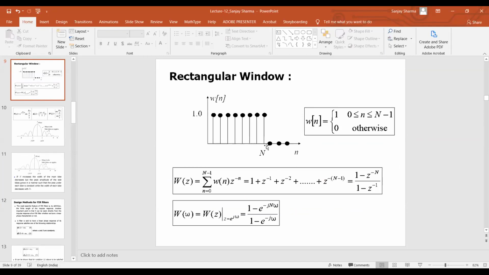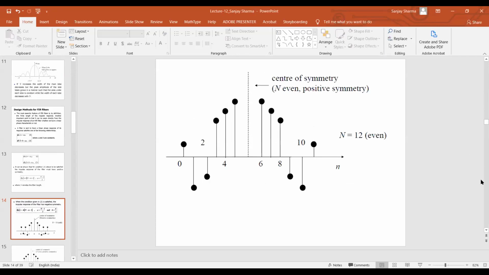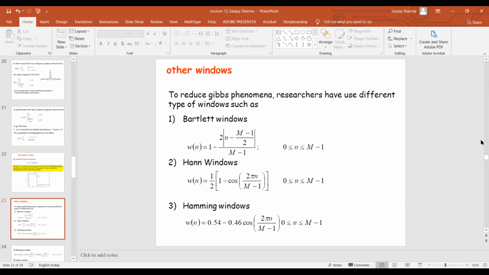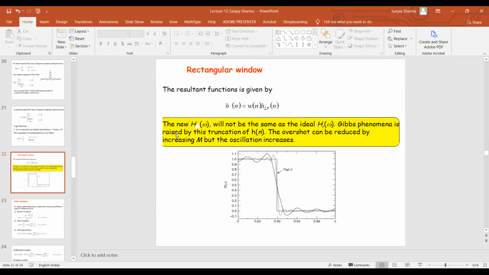From 0 to N minus 1, the amplitude is 1 and it very sharply falls down to 0. It is a very sharp edge going from 1 to 0. Because of this sharp edge, there takes place a phenomenon which we call the Gibbs phenomenon.